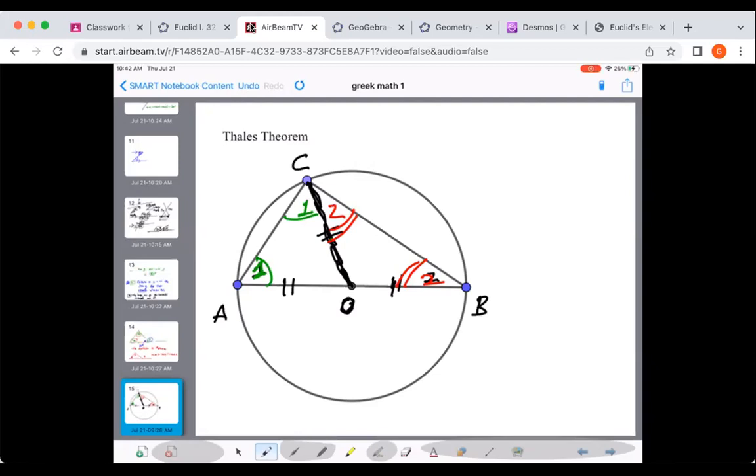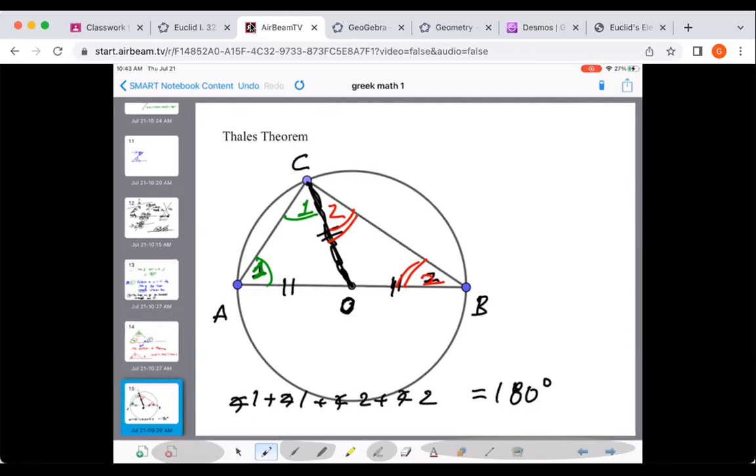You use the triangle sum theorem, which we know is all triangles are 180 degrees. And if you take the 180, since angle C is 1 and 2, and the other angles are 1 and 2, 1 and 2 plus 1 and 2 must equal 180. So 1 and 2, since they're congruent to each other, both of them must be 90, because 90 and 90 is 180.